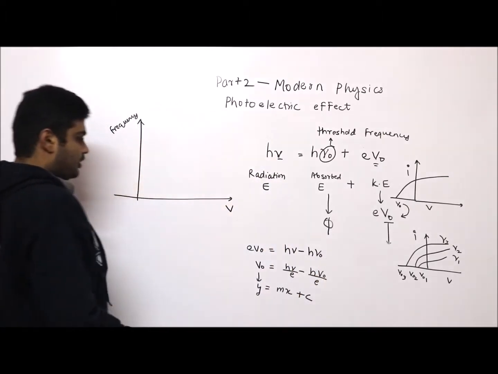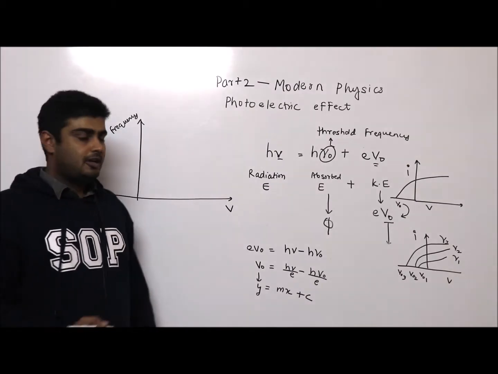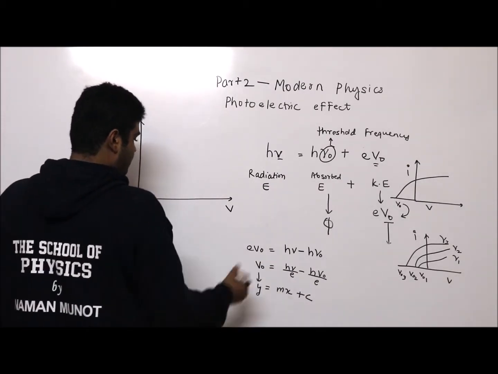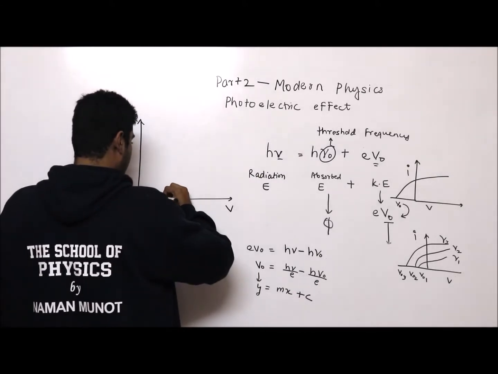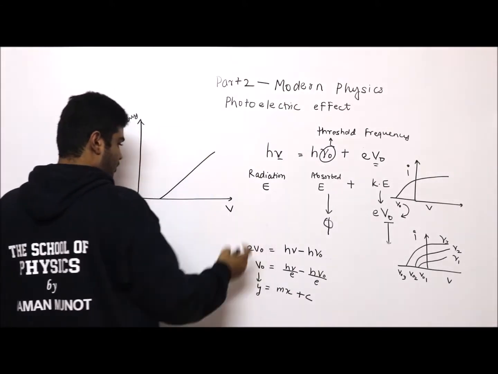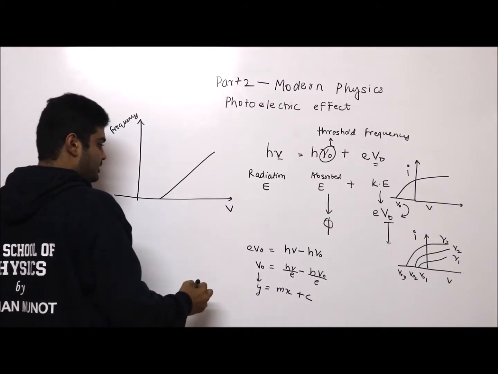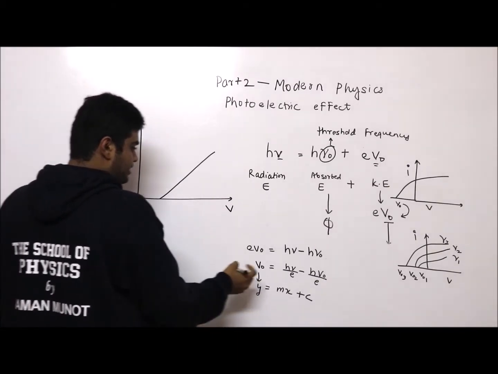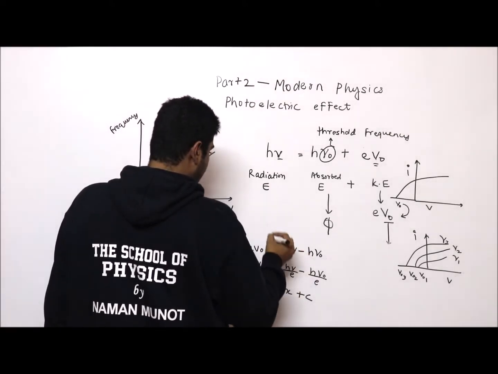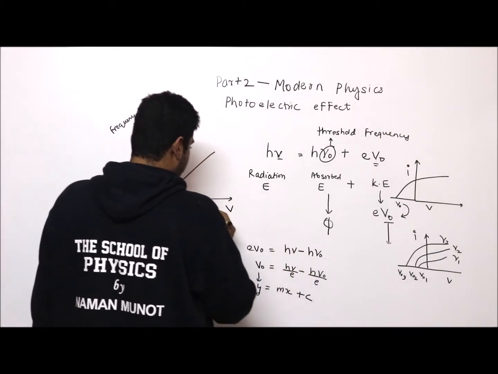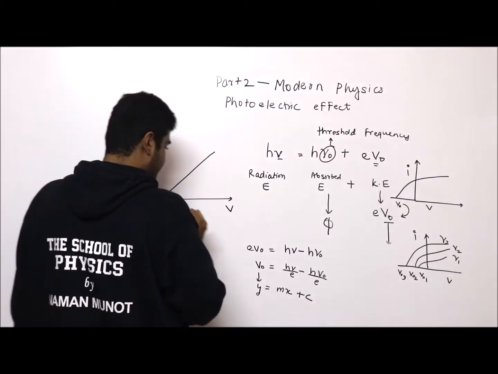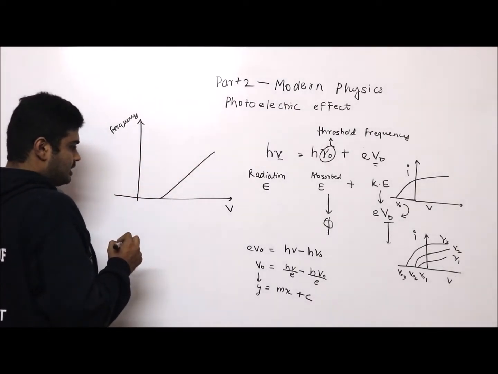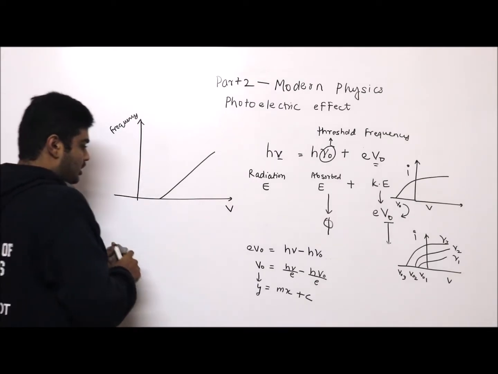So how will we draw this graph? Y is equal to V naught, the voltage. When x is equal to 0, we have y equals m x plus c.